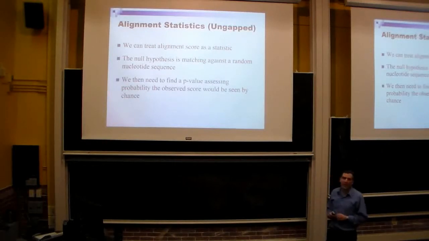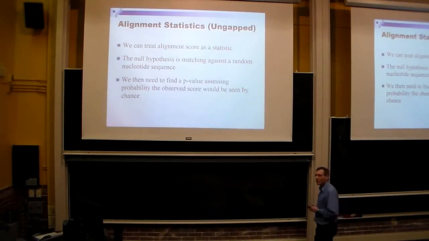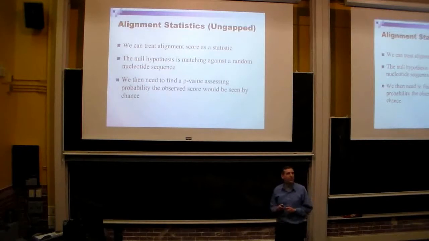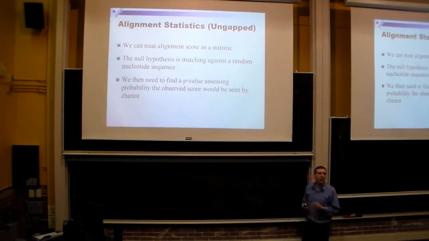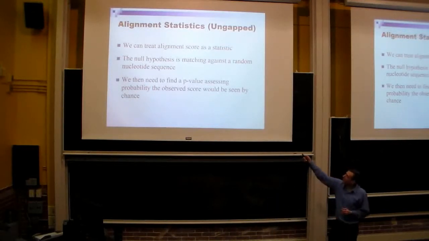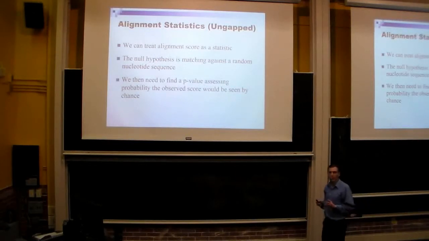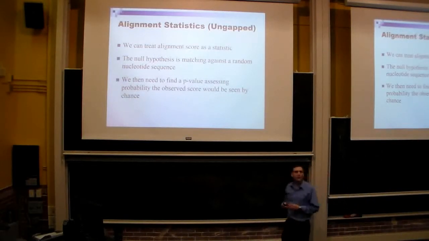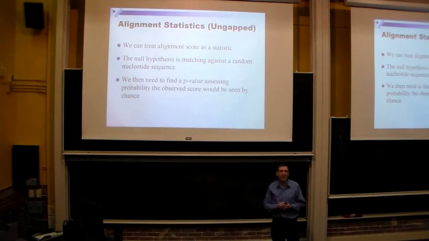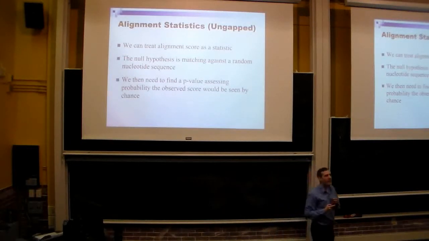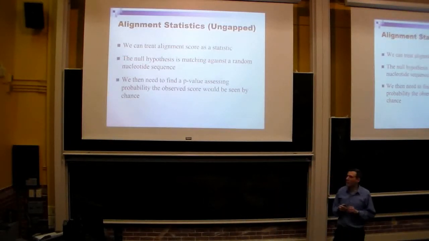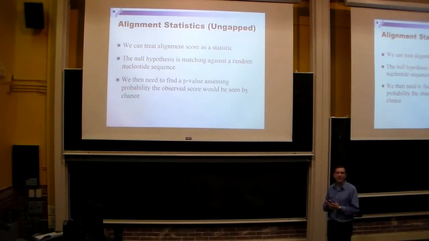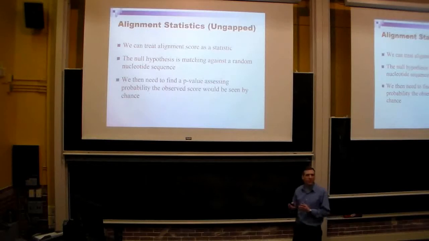The way we'll do that is to use some of the ideas we covered last week when I talked about the basics of statistics. First of all, we'll need a statistic, and the alignment score is the statistic we'll use. So those alignment scores I told you to find, we will use as a statistic. That's the thing we'll quantify our alignment with, and that's the thing we'll use to try to figure out if we're looking at a statistic value that is implausibly large under a null hypothesis.